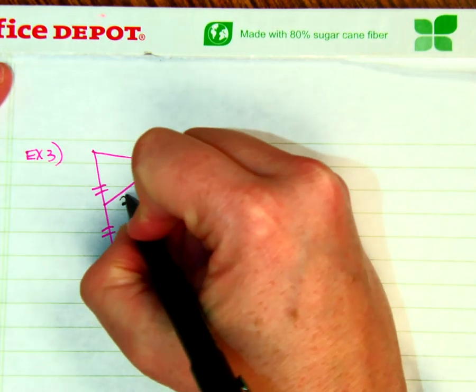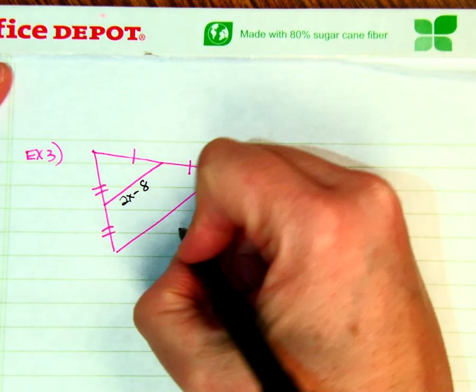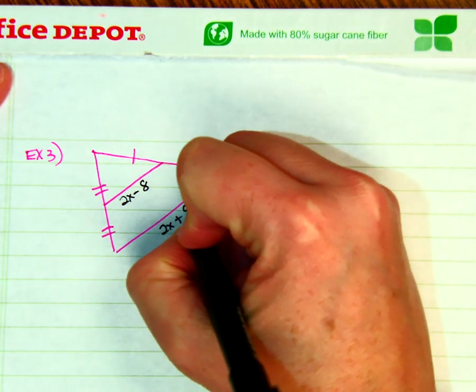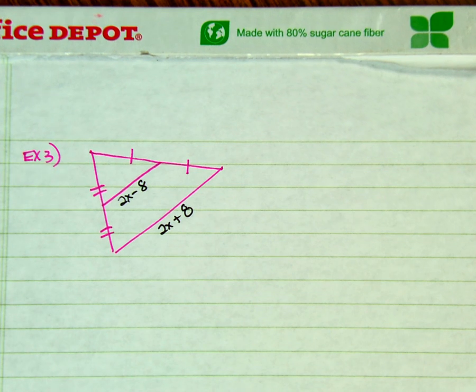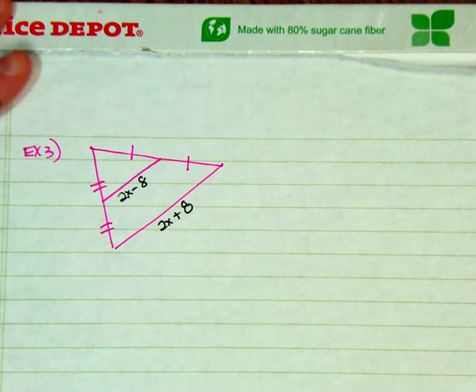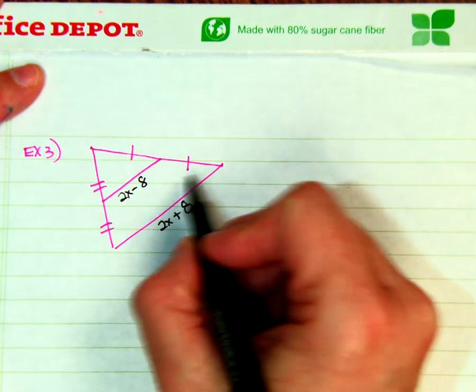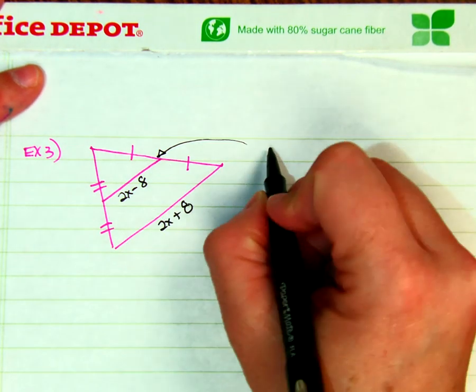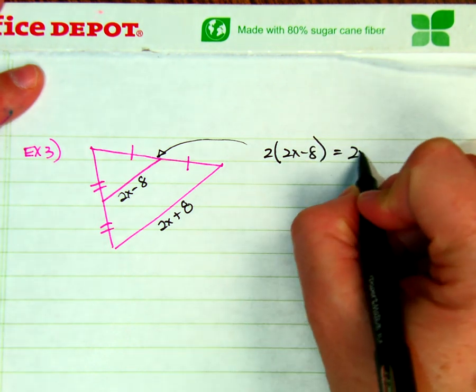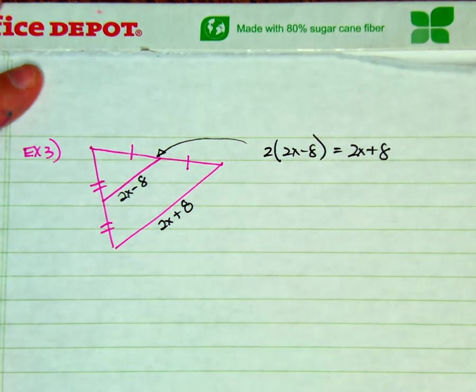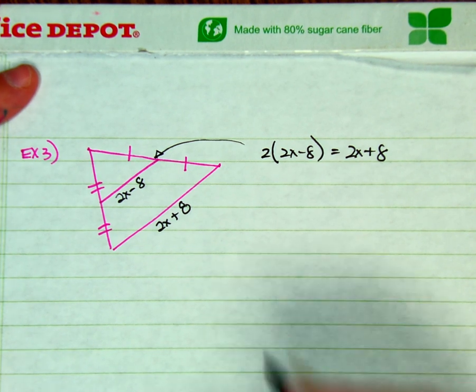I'm going to make this 2x minus 8, and this is 2x plus 8. You might want to pause, try this one on your own, and then compare the answer at the very end. Just a suggestion. So I know 2 of these equals my third side, or the side that I'm parallel to.